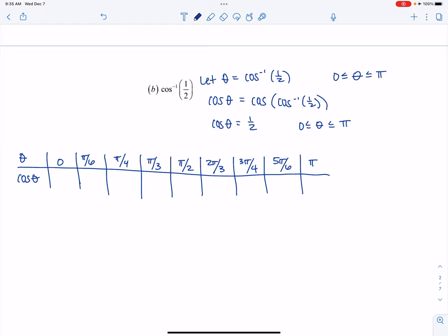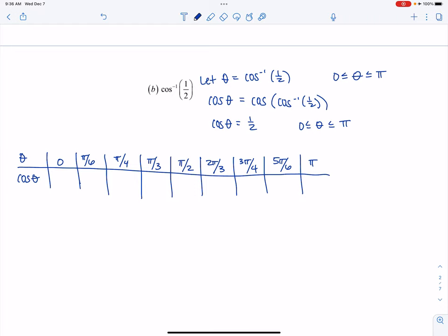And you can get these values. How do I know what values to use as theta? Reference your unit circle. Pull your unit circle out and see in between 0 and pi, what are all the different radian, the big ones, the radians of theta that I could see and use. Which ones are valuable? And these are the valuable ones that pop out.